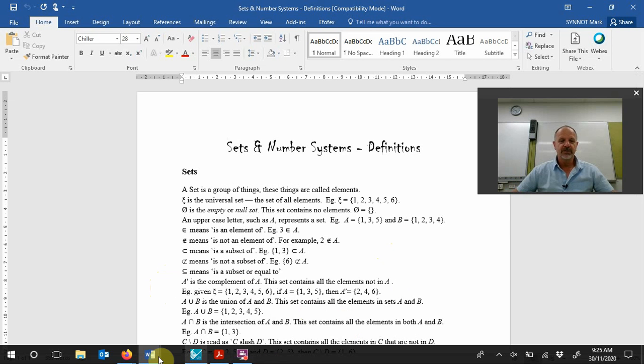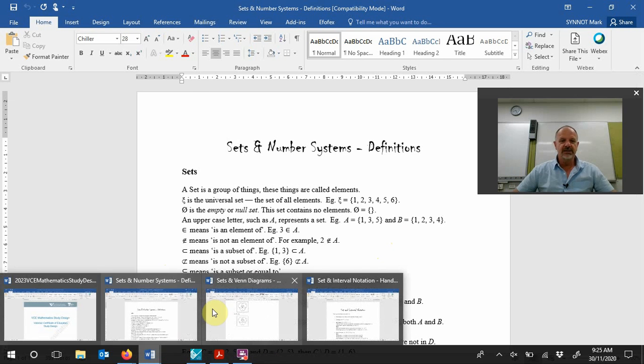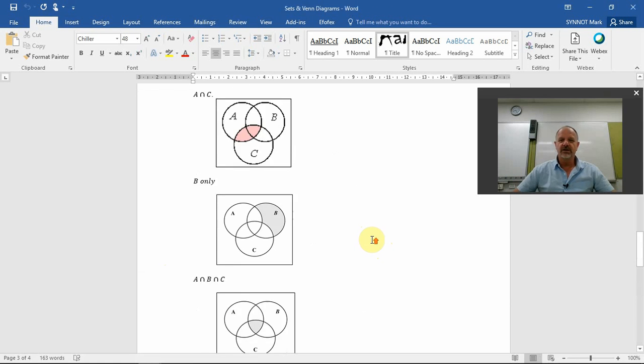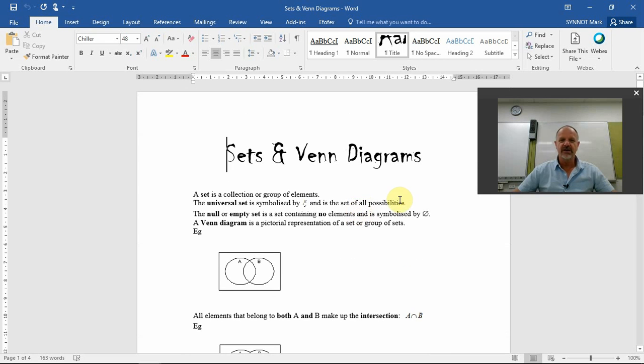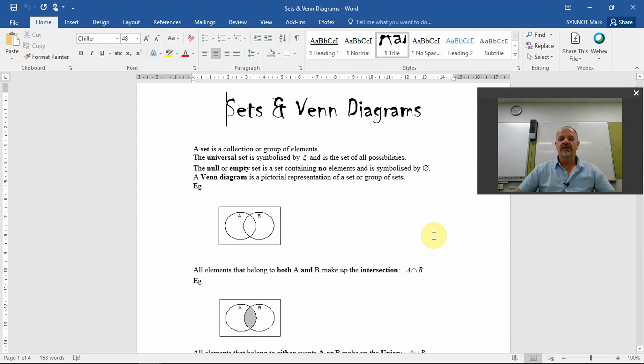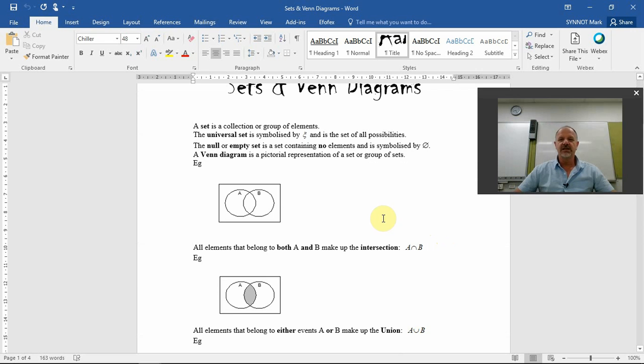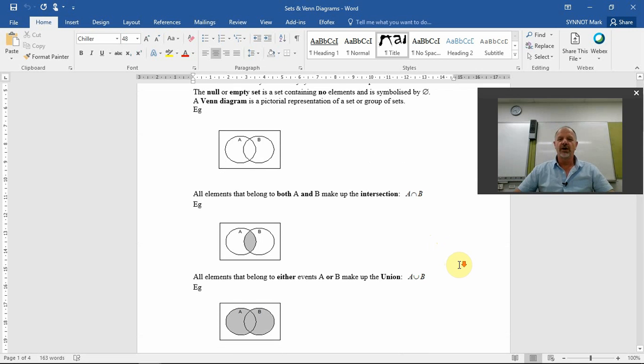symbols mean. The other one is the sets and the Venn diagrams. Let me go back up to the top here. So the sets and the Venn diagrams. All right, so if you're representing sets of numbers or things in Venn diagrams, these are what the Venn diagrams look like.